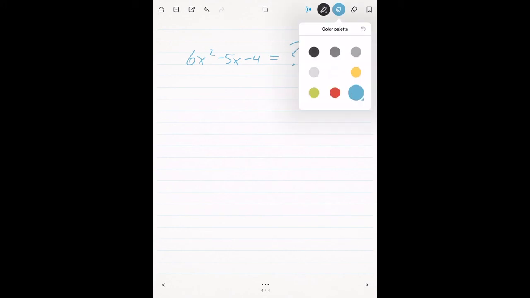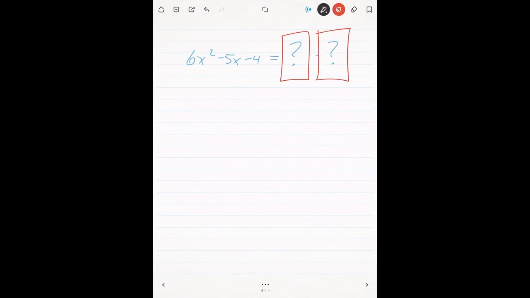Could you have solved this problem, 6x squared minus 5x minus 4? Could you have found two polynomials that multiplied together to get you this quantity without knowing either of them?